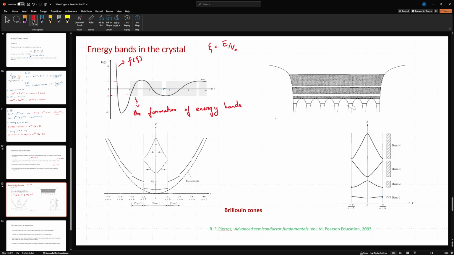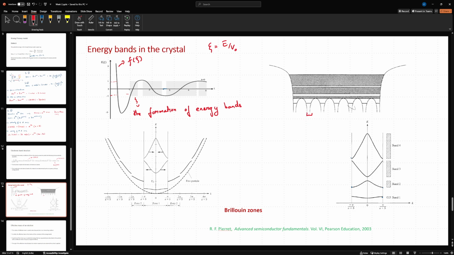So this is how the structure will look. If we look at a realistic solid, this is from the Kronig-Penney model, this is a toy model. Now, if we look at a realistic system, then the atomic potentials are going to be like this.